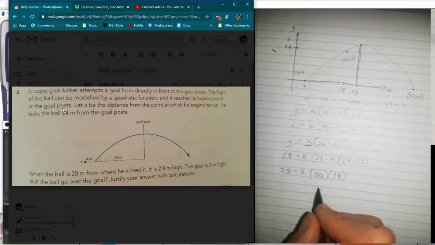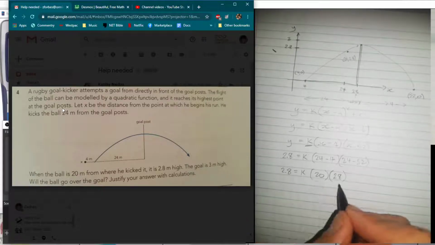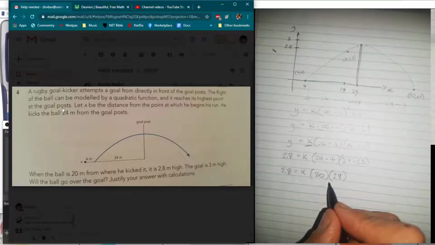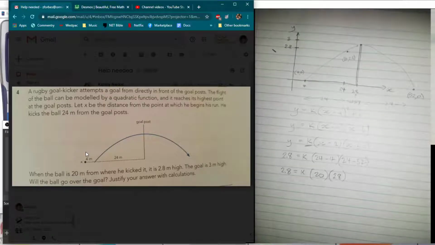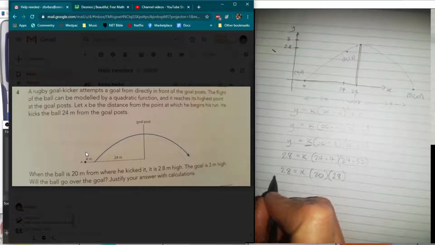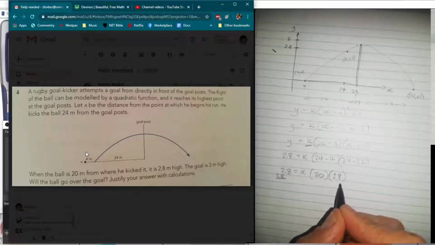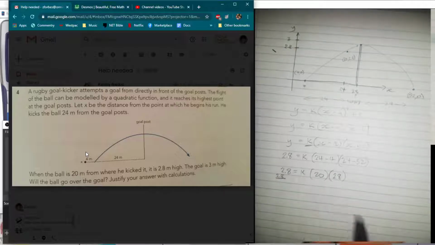A little bit of rearranging. K is tiny, by the way. That is scary, and I'm not going to deal with that without a calculator. It's going to be 2.8 divided by whatever 20 times 28 is. 10 times 28 is 280, and then just double that, 560.